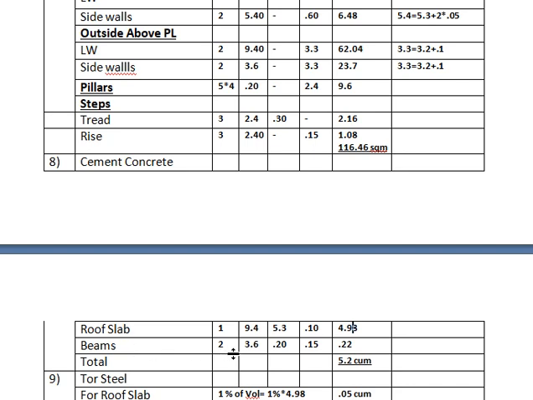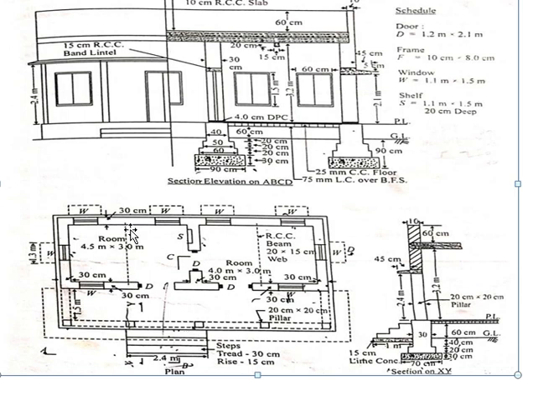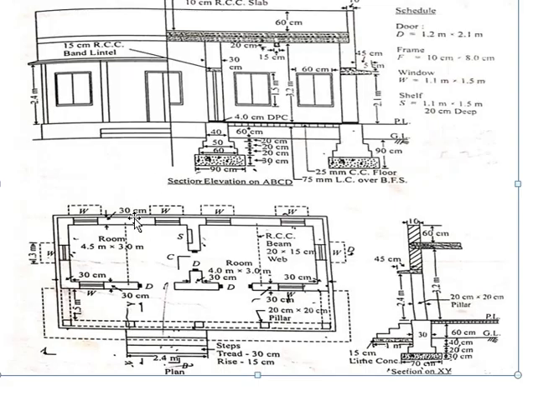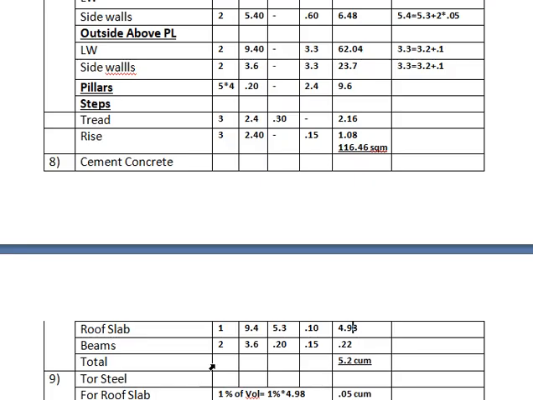And now for beams, we have two beams. As I told you earlier, these dotted lines represent the beams, and these beams are from this point to this point. That means the length of this beam is going to be 3.6, because 0.3 on this side plus 3 meter plus 0.3 turns out to be 3.6 meter.